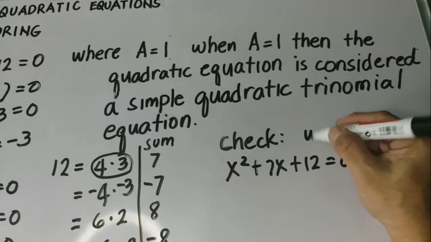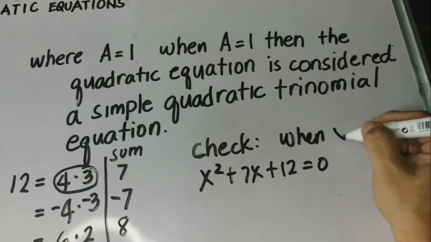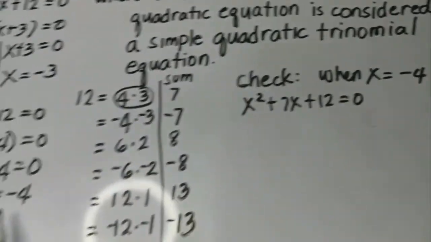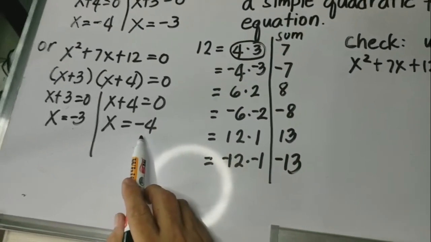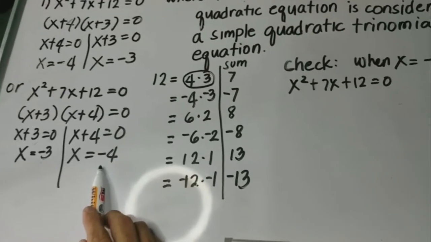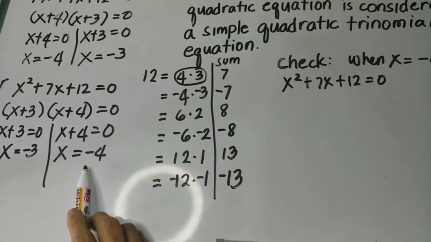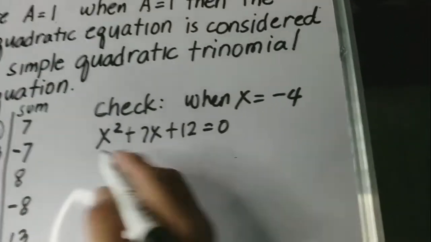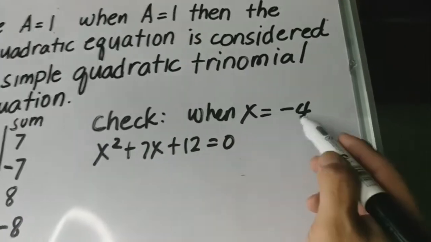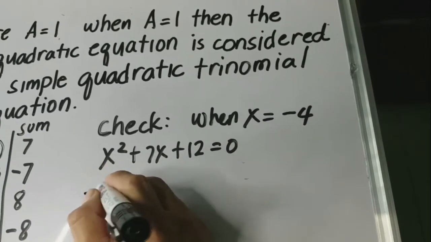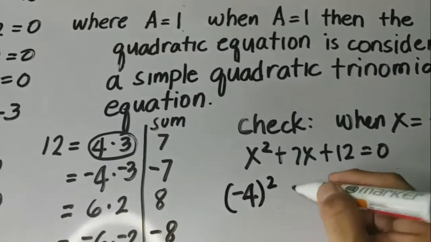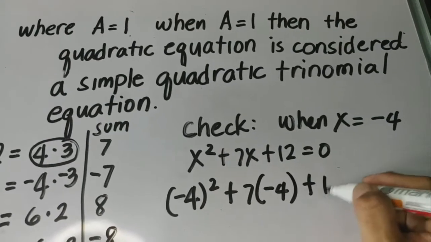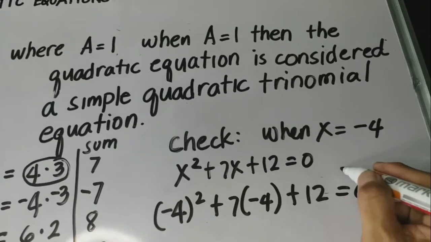When x is negative 4, using the solution or root of a quadratic equation, substitute negative 4 instead of writing x. So, negative 4 squared plus 7 times negative 4 plus 12 equals 0, question mark.